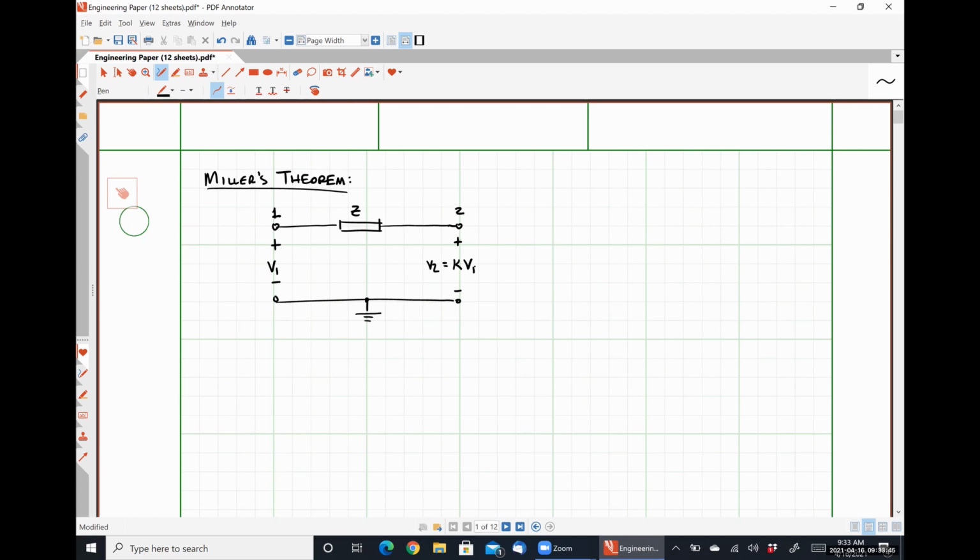So we can observe that there is some current I flowing through our impedance from node 1 to node 2. Miller's theorem says that I can replace this floating impedance with two impedances. I can effectively split it up into two pieces. And that transformation looks like this.